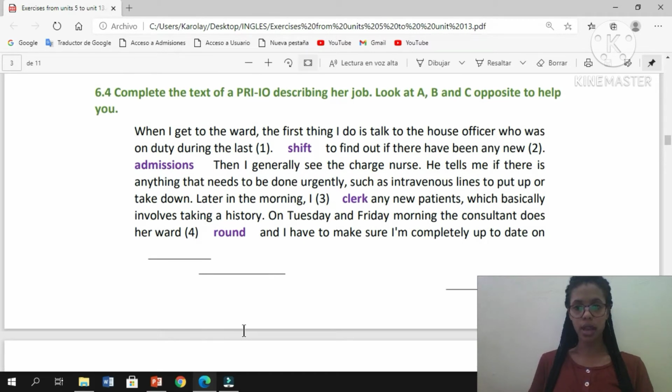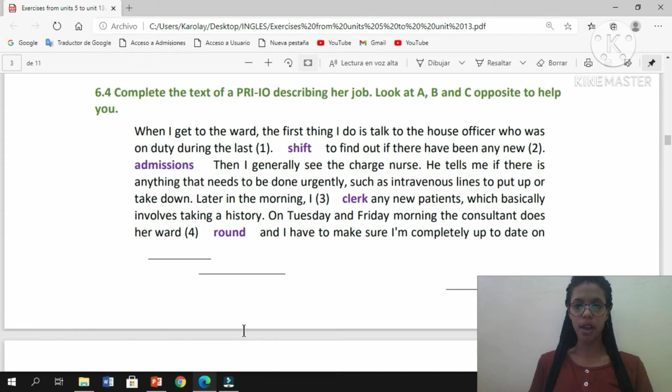Complete the text of a doctor describing her job. Look at A, B, and C opposite to help you. When I get to work, the first thing I do is ask the house officer who was on duty during the last shift to find out if there have been any new admissions.